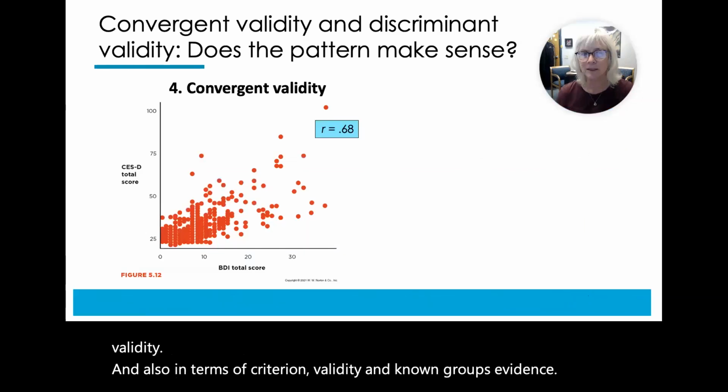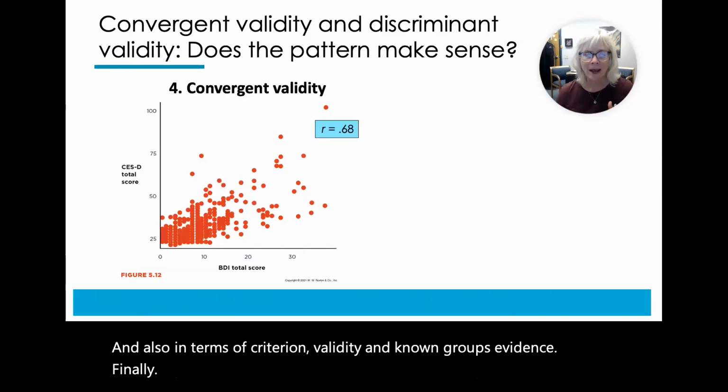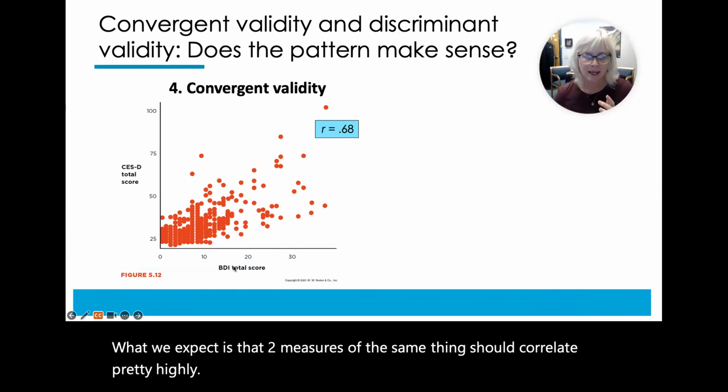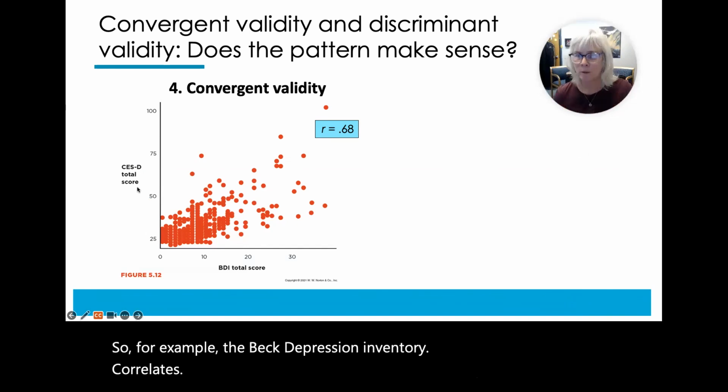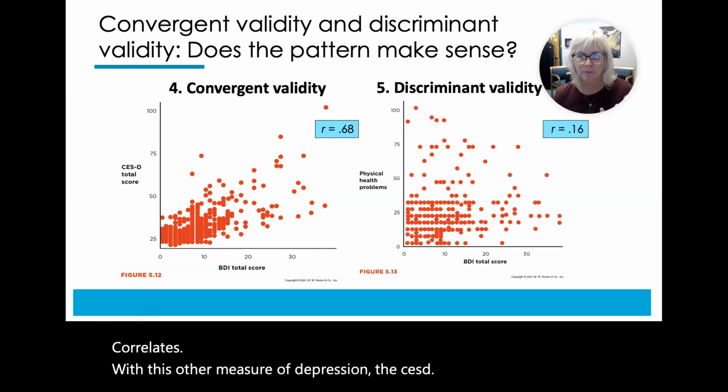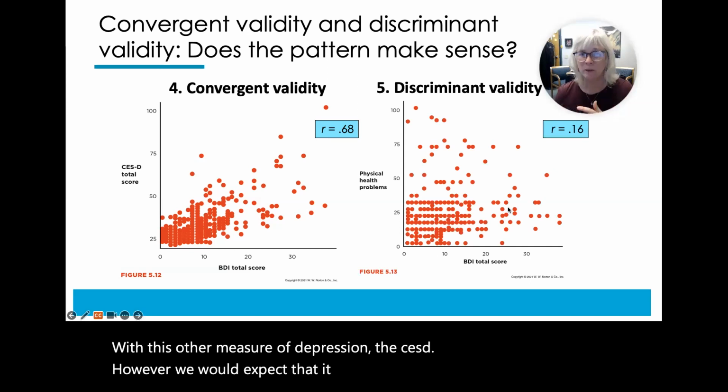Finally, what we expect is that two measures of the same thing should correlate pretty highly. So for example, the Beck Depression Inventory correlates well with this other measure of depression, the CESD. However, we would expect that it should not be really related to other kinds of different things.